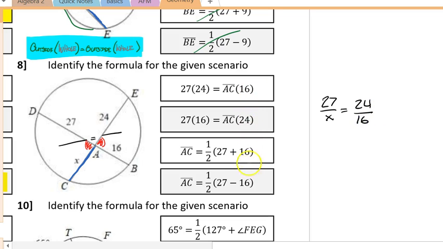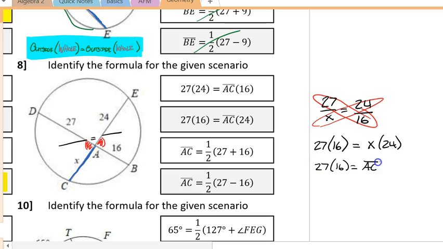Now if you notice, none of these is actually this particular scenario, so let's go one step further. I would cross multiply here, which would give me 27 times 16 is equal to x times 24. I'm going to write in, instead of x, AC, equals AC times 24.